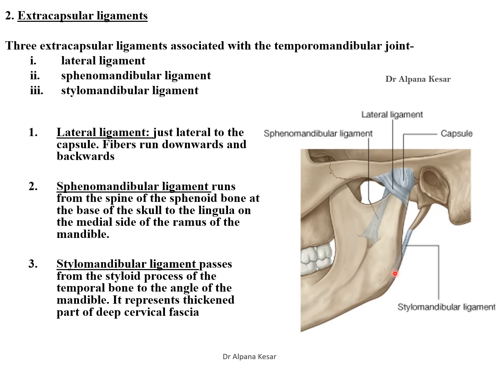This is not a true ligament but rather a thickened part of deep cervical fascia. All these three, that is lateral ligament, sphenomandibular ligament and stylomandibular ligament, add to the stability of temporomandibular joint and prevent its dislocation.